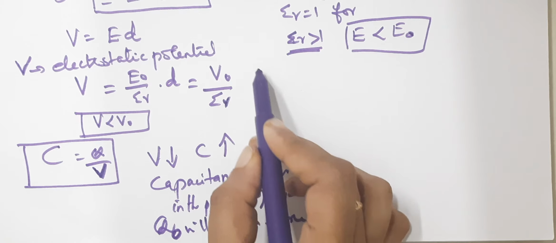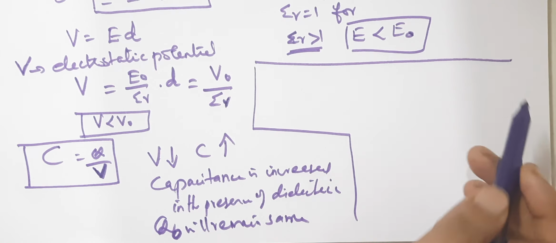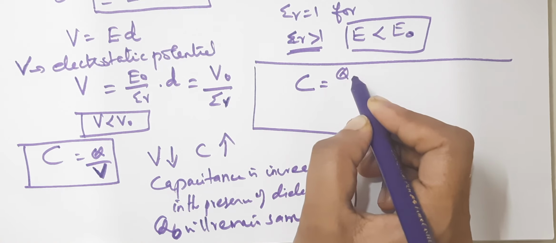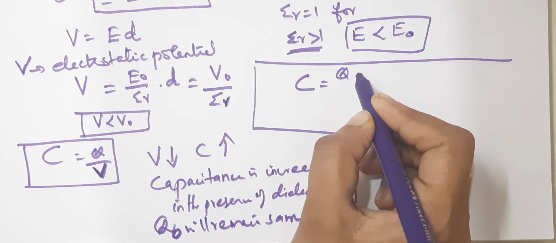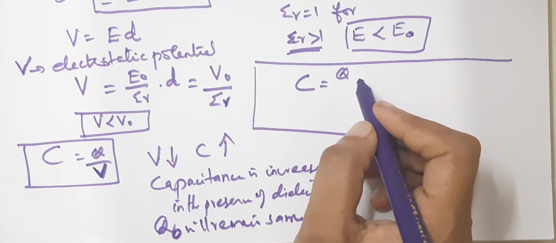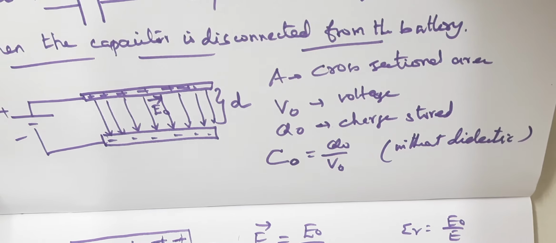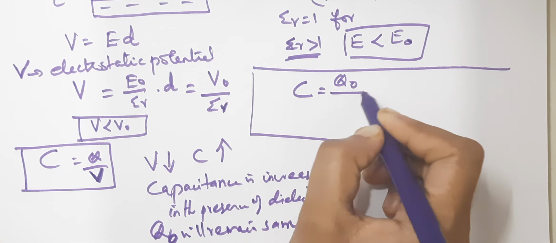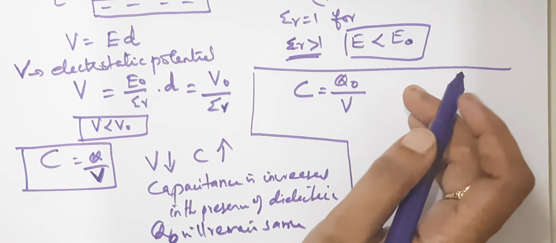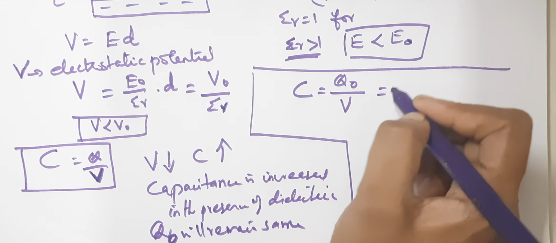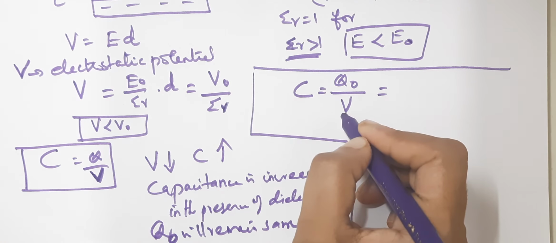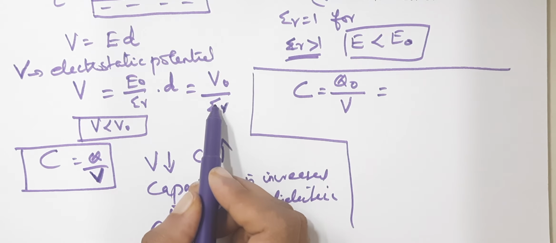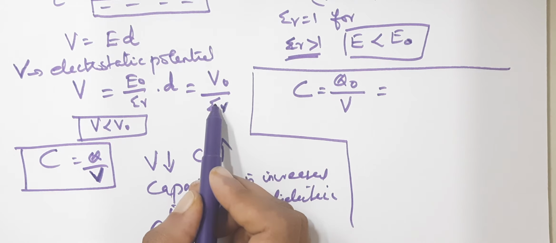So I can write the new capacitance. What will be the new capacitance? C is equal to, formula is Q by V. I said the charge remains the same. When the battery is connected, Q0 is the charge stored. So I can write C equal to Q0 by the new potential V. This we can rewrite with V equal to V0 by epsilon r.